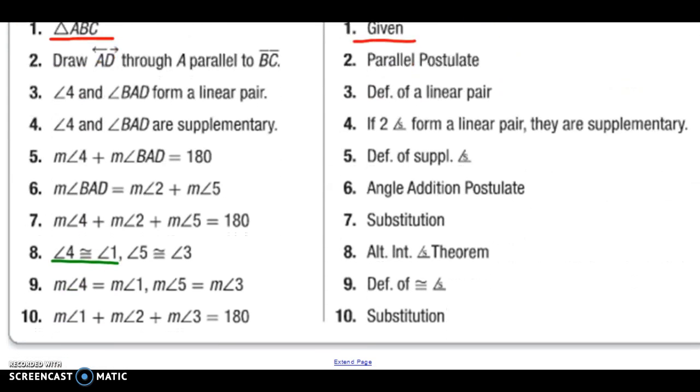So what we can do is substitute angle 1 in for angle 4, angle 3 in for angle 5, and we see that the measures of angle 1, 2, and 3 all add up to 180 degrees, which is what we wanted to prove. And again, that uses substitution. So it's proven that our theorem is correct, and it is true.